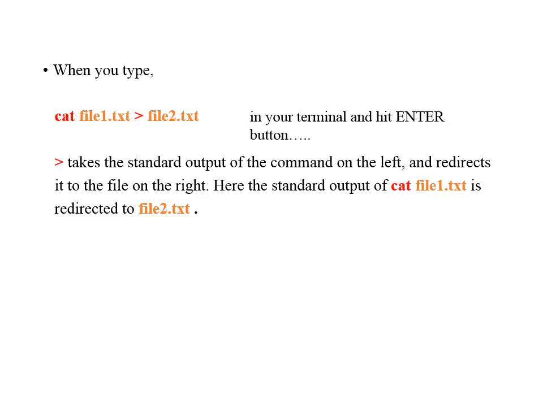Here the standard output of cat file1.txt is redirected to file2.txt. Keep in mind file1.txt and file2.txt aren't default files.